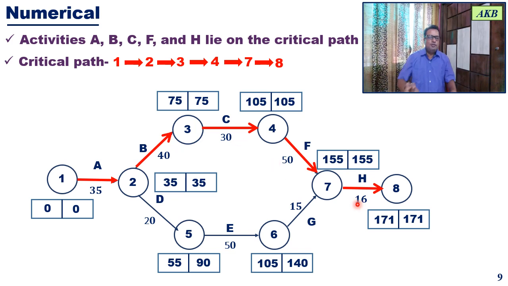So 35 plus 40 is how much? 75. 75 plus 30 is 105. 105 plus 50 is 155, and 155 plus 16 is 171. So 171 weeks will be needed to complete this particular project. Okay. So in this way, our calculations for identifying the critical path get completed.